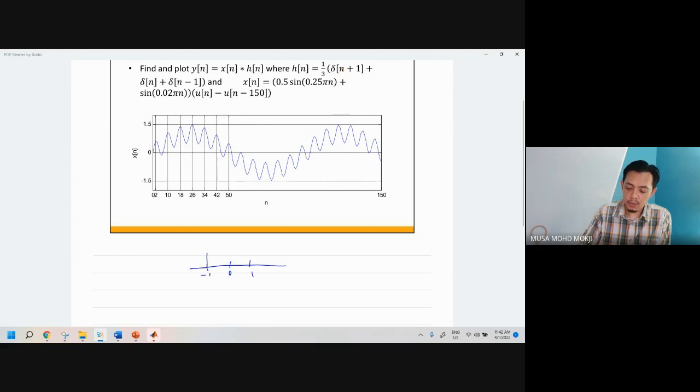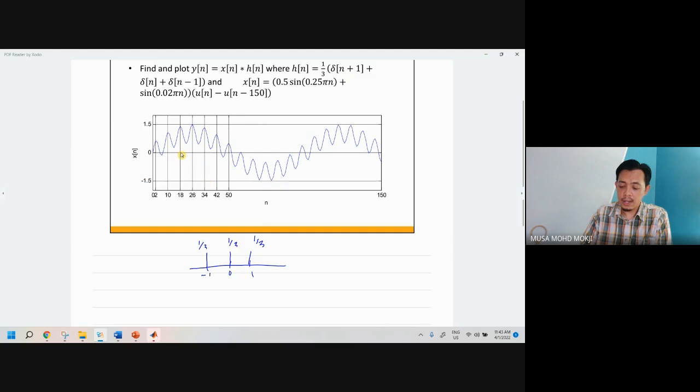So actually you have 1/3 here, 1/3, 1/3. So this is actually an even signal or even system. Okay, this is an even system. Because this is an even system, we know that this is a 0 phase system.